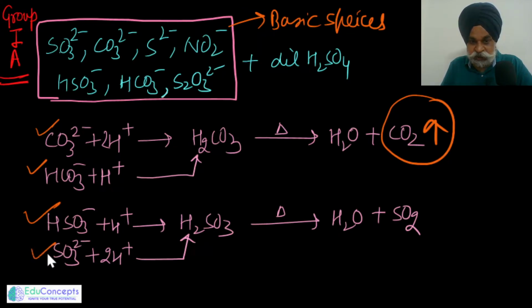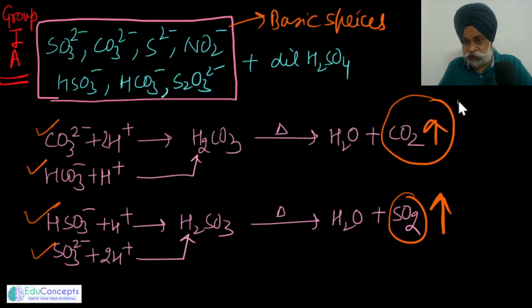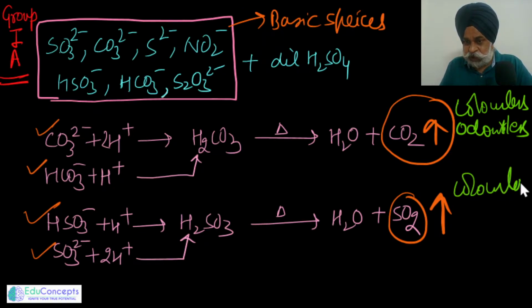Similarly, bisulfite and sulfite ion would produce sulfurous acid, and on decomposition this produces SO2. Here you can see CO2 is colorless and odorless, but in contrast SO2 is colorless but has the smell of burning sulfur.